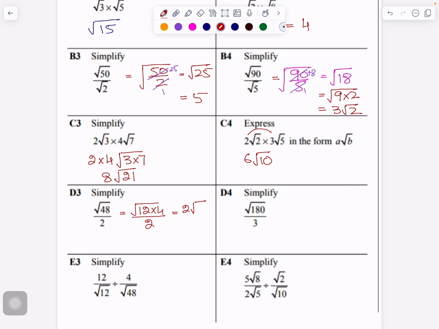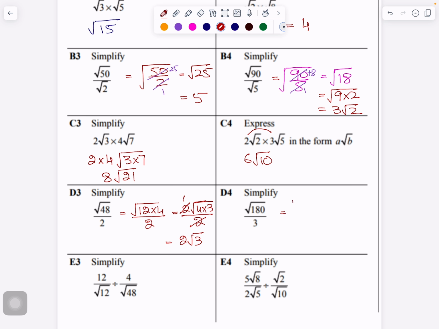And I can also write 4 3s are 12. You will keep doing this until you cannot simplify further. First of all, I just thought that 12 times 4 is 48, so that's why I did it like this. But again, it was root 4 into root 3. So root 4 is 2. It will be 3.